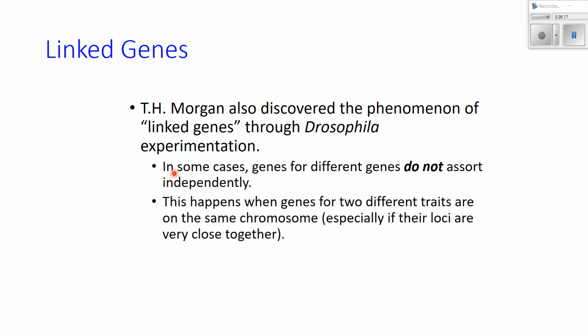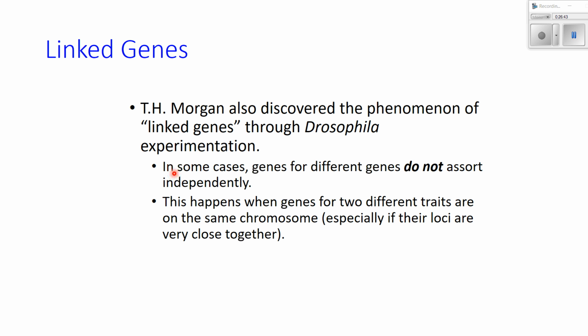Now, in addition to this famous discovery of a sex-linked trait in Drosophila, Morgan also became very interested in a phenomenon which he referred to as linked genes. Now, this is different from sex-linked. This is just different genes that are linked to each other.